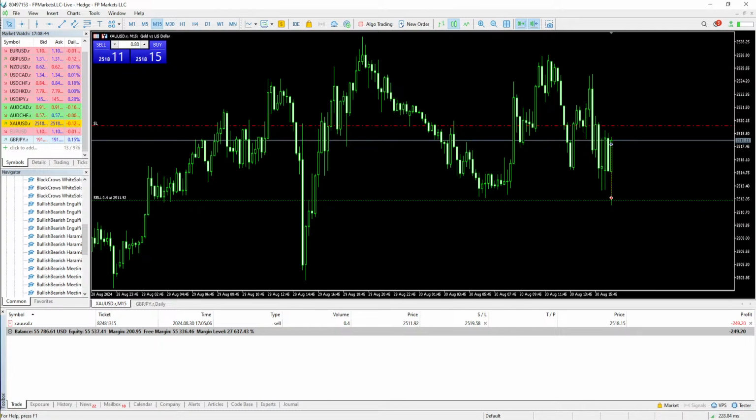And yeah, let's see. Now it's running. I have already managed my risk. So now if it goes back down, then that will be great. I'm going to leave this open, but if it just hits the stop loss, then it's alright. I have already managed my risk.